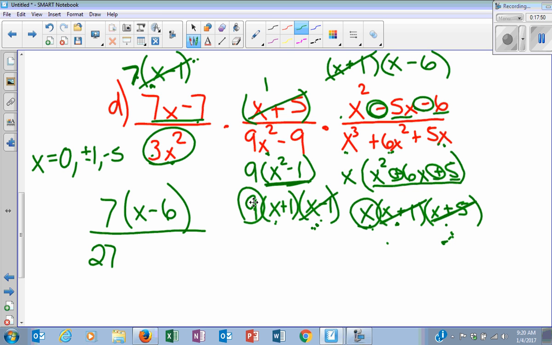And then this x squared and this x can combine to become x to the third. Then I'm going to times that by the quantity x plus 1. I used my 7, my x plus 1, my 3, my x squared, my 9, my x plus 1, my x. So everything's crossed out, I've used it all.